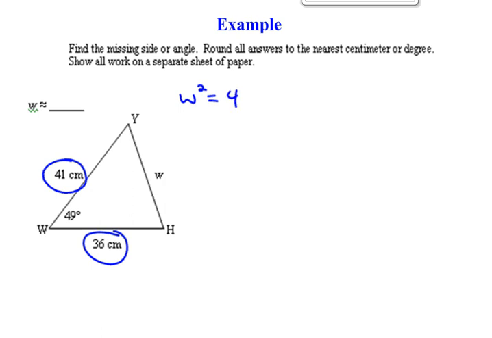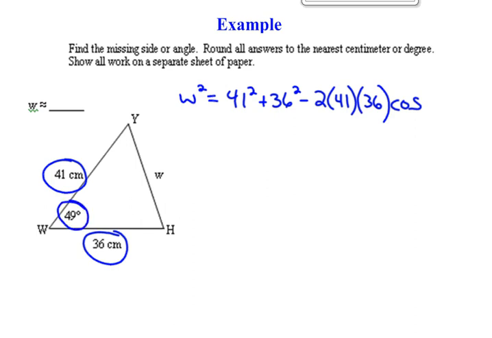So we'd have 41 squared plus 36 squared minus 2 times 41 times 36. And the angle that goes on the end of the law of cosine here has to be the angle that corresponds to the side that we're trying to find. So in that case, that would be the 49-degree angle, because that angle and that side correspond to one another. So we would say cosine of 49 degrees.